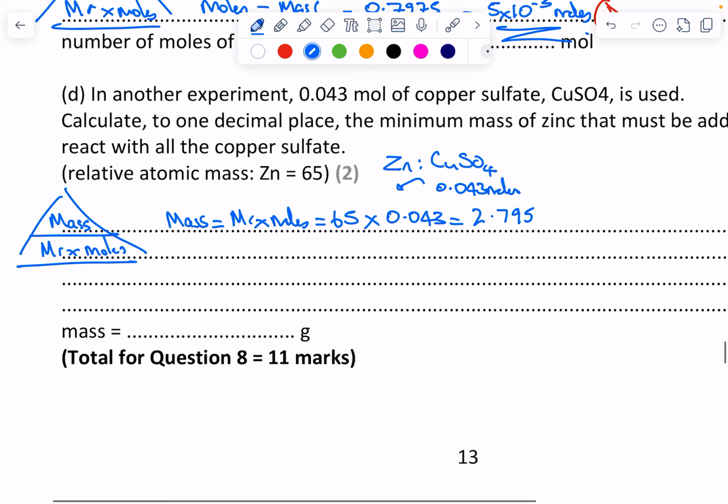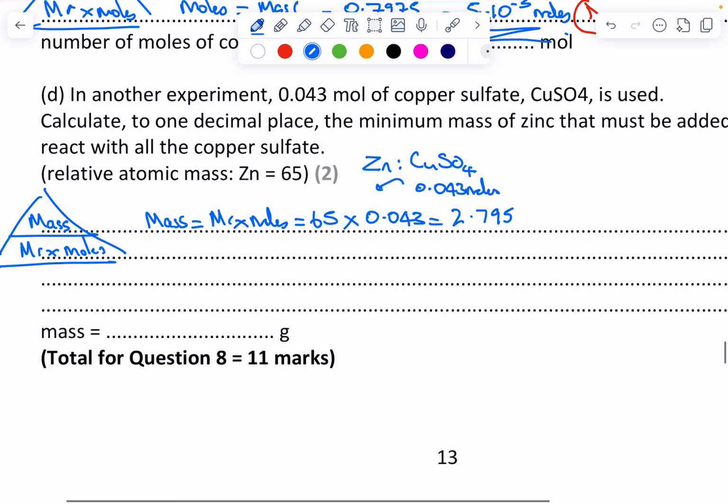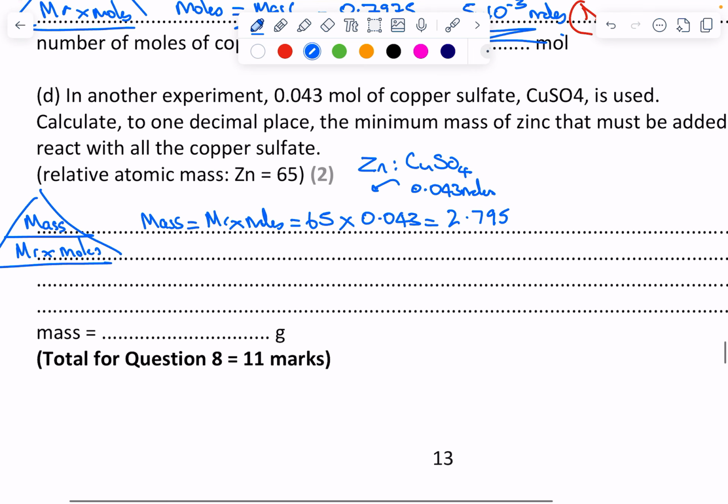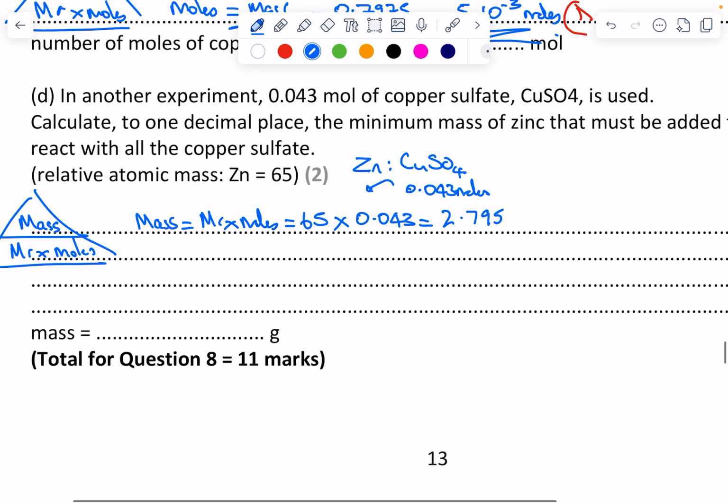I'm just going to check, does the question want me to give it to any specific value? Calculate to 1 decimal place. So 1 decimal place, that's going to become 2.8 grams. It's 2 marks, so I get 1 mark for doing that bit, and then I get another mark for making sure I've got to 1 decimal place.